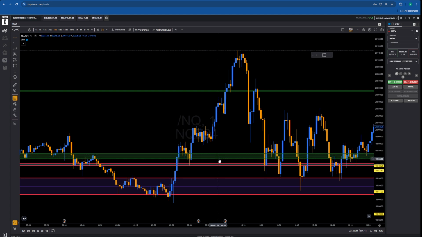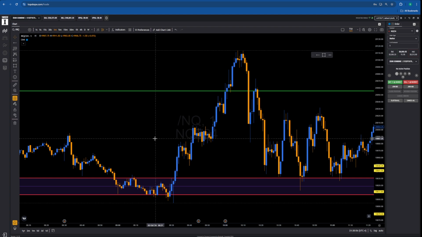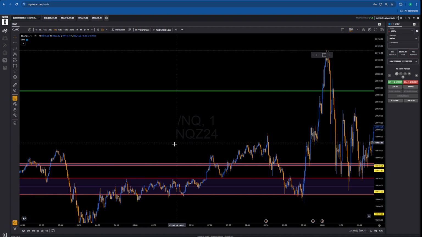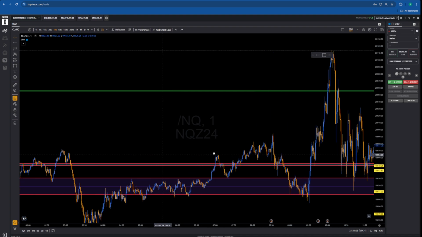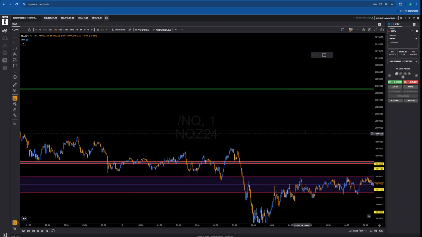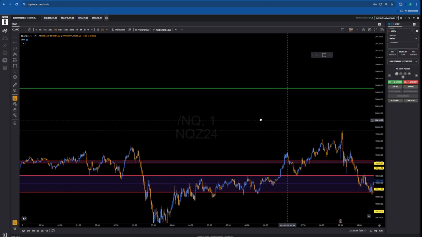So I'll remove them for now. That was our midnight open, so we'll keep that. Right. So midnight open, this was the candle, high and low.